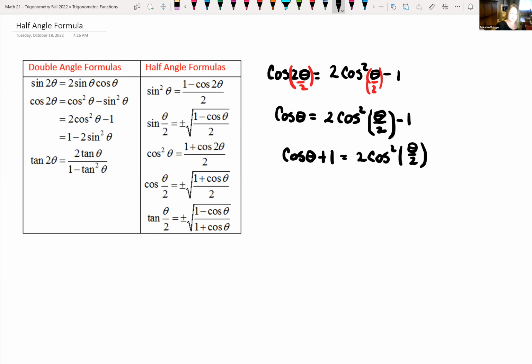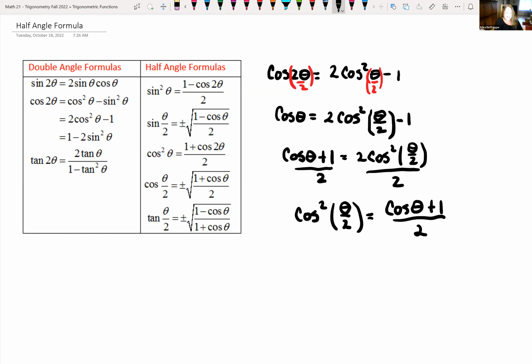Now we can get rid of the 2 in front of the cosine squared by dividing both sides by 2. Then we have cosine squared of theta divided by 2 is equal to cosine of theta plus 1 all over 2.